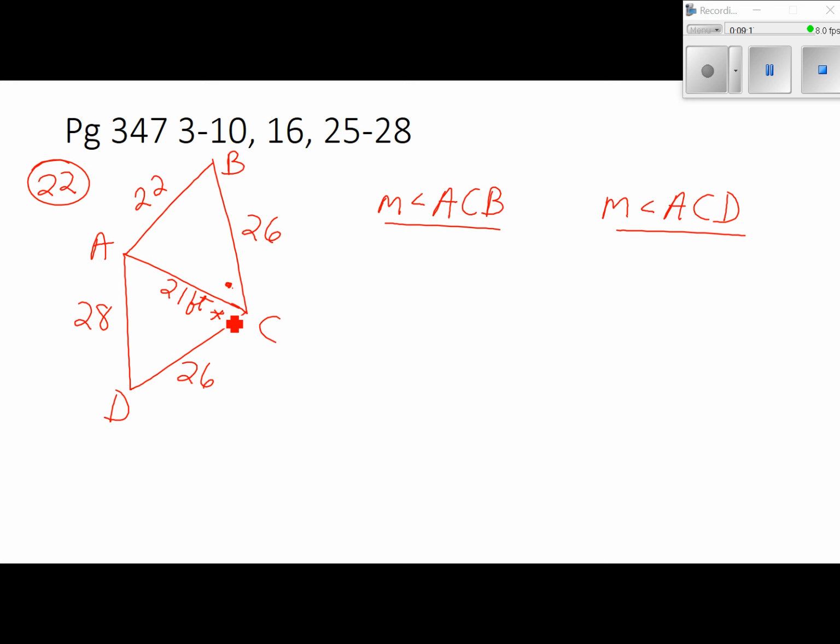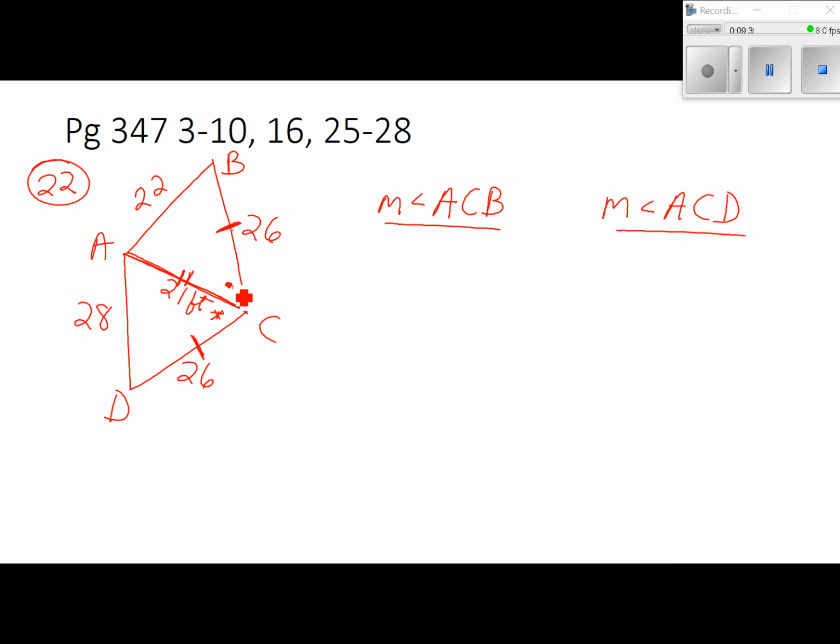Just looking at this, we have a 26 over here, so that side's congruent to this side in the other triangle. And then the two triangles share this side, so that side's congruent to itself. And the two angles that we're trying to compare are the included angles. Well, if they're the included angles, then we should be able to compare them.